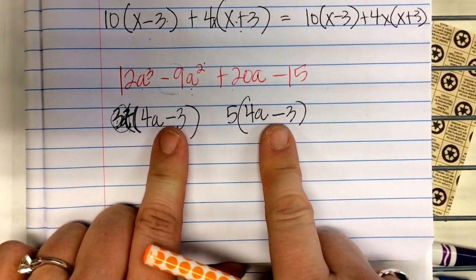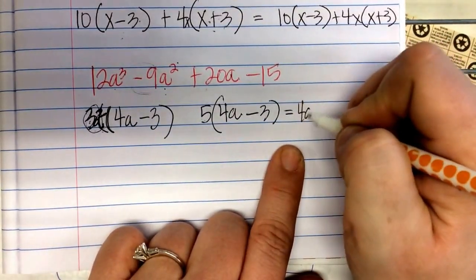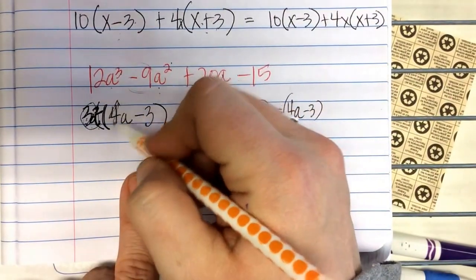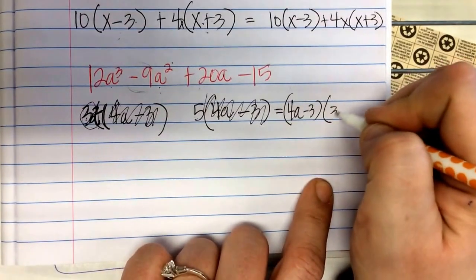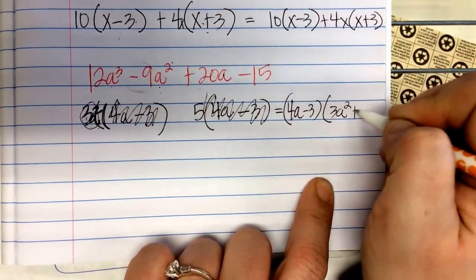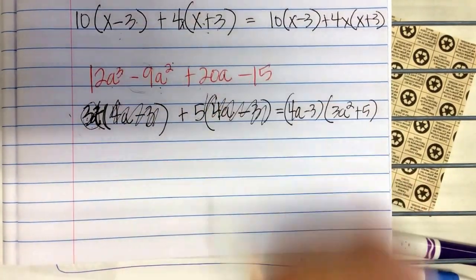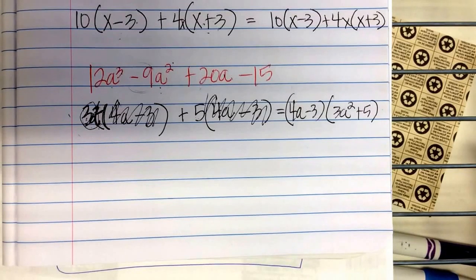Because now I can factor out the parentheses. 4a minus 3. And what's left over? 3a squared plus 5. Is that it? That's it.